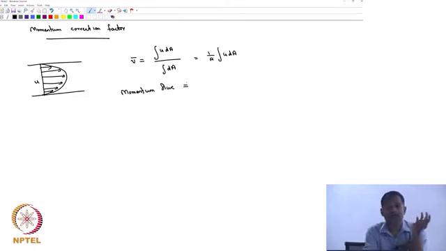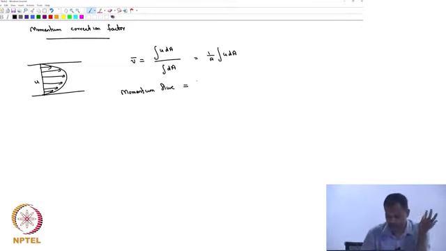We can calculate momentum flux either as an integral, or we could just use our average velocity itself. If you use the average velocity, what would you do? To calculate momentum flux, you would take the mass flow rate times the velocity, right? That's going to be the momentum flux.